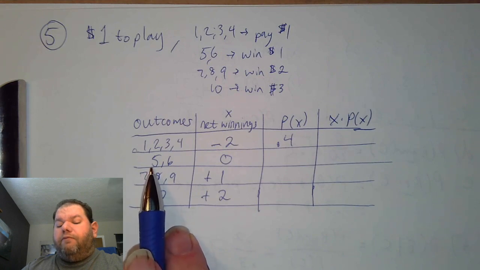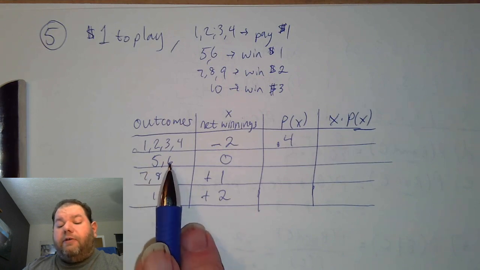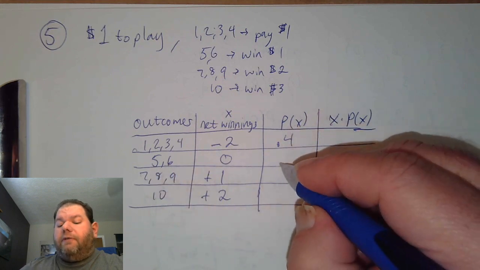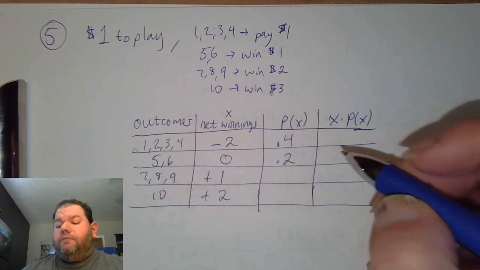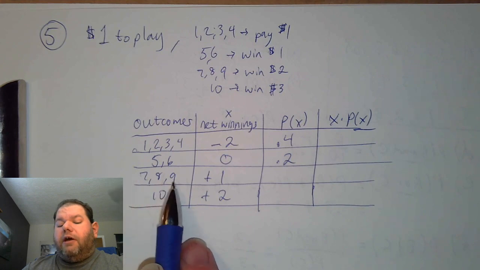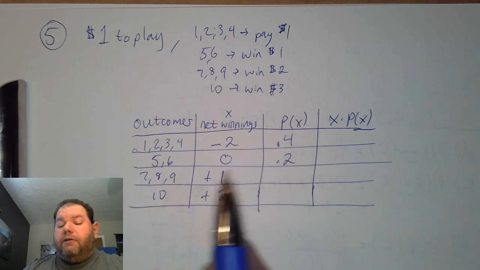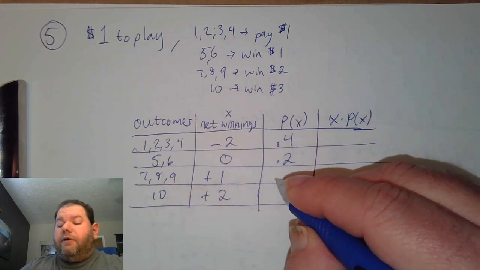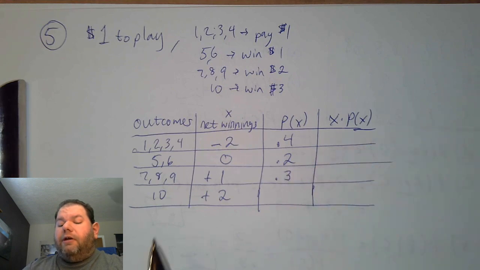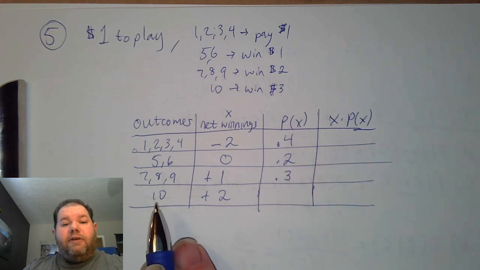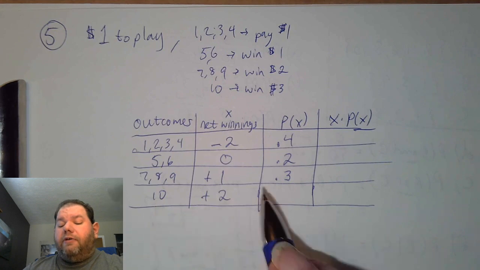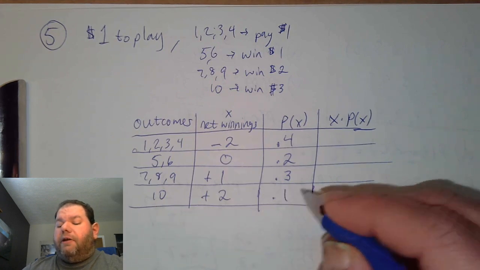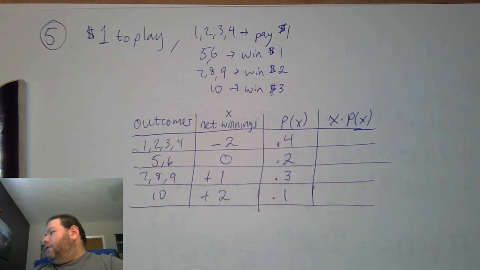For 5 and 6, that's 2 outcomes out of 10. 2 divided by 10 is 0.2. 7, 8, 9, that's 3 outcomes out of 10. 3 divided by 10 is 0.3. And to draw the 10, that's just one number out of the 10, so 1 divided by 10 is 0.1. Now, this should add up to 1, as it does.